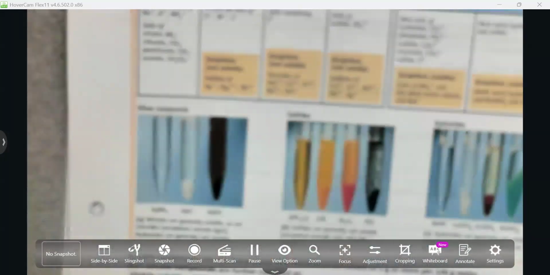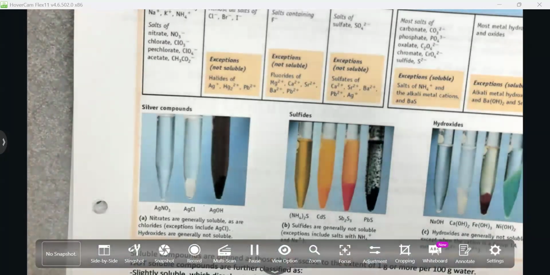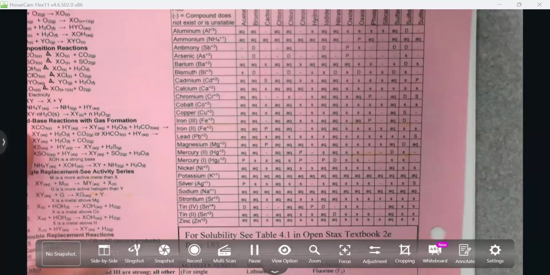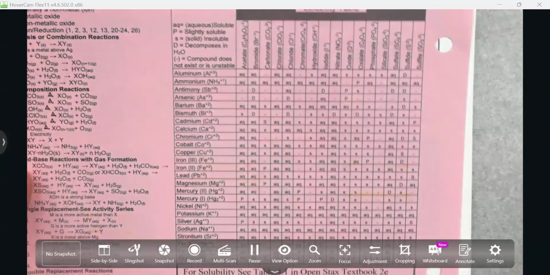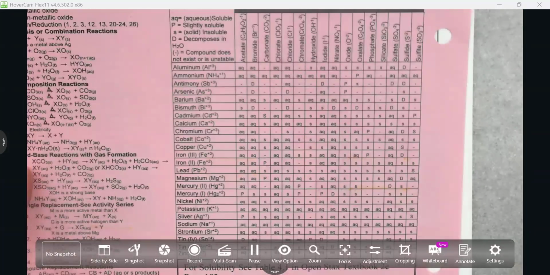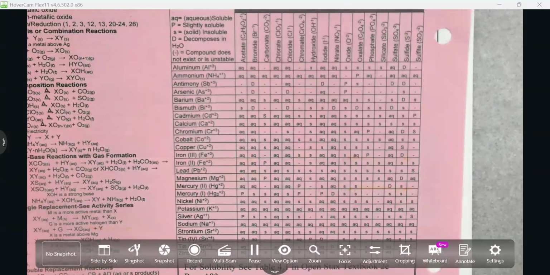So the only way to make it foolproof is that Keys has this solubility chart on the back of the pink sheet. This should match up with your solubility rules. You should try the solubility rules first, and this should back up the solubility rules.